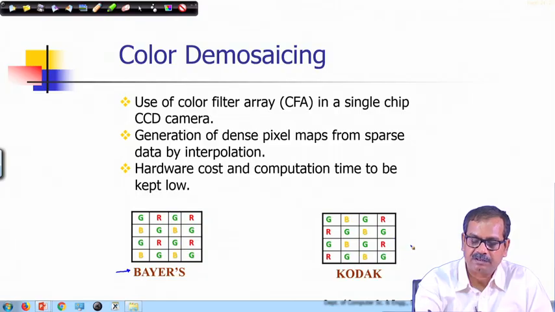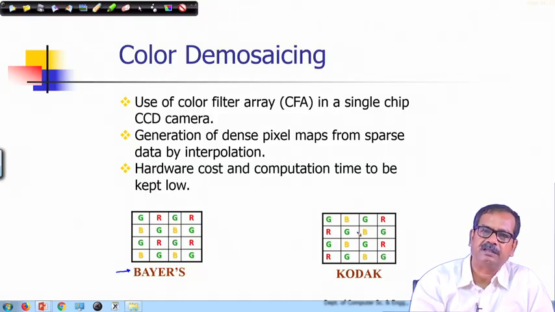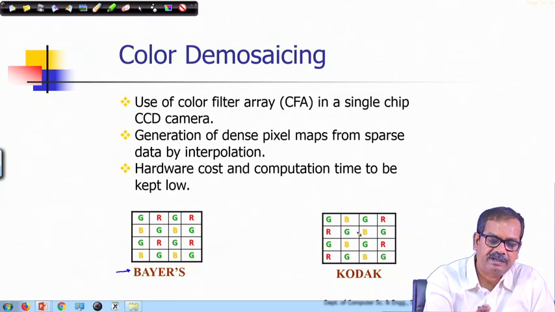For example, there is a pattern adopted by famous Kodak cameras. There you have a pattern where in the same row you have green, blue and red interleaved. Whereas, in Bayer's pattern, we can identify a red row, because green is sampled in every row, but in one row red pixels are sampled, and in the next row the blue pixels are sampled.